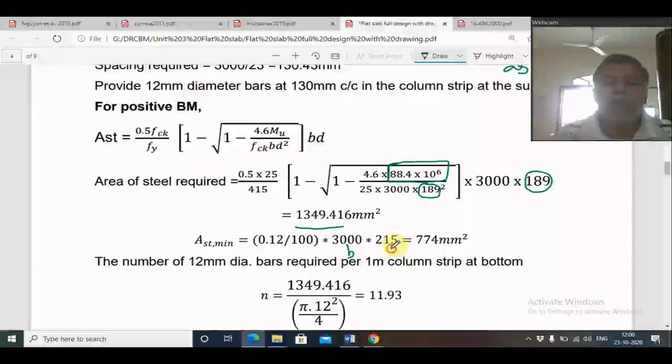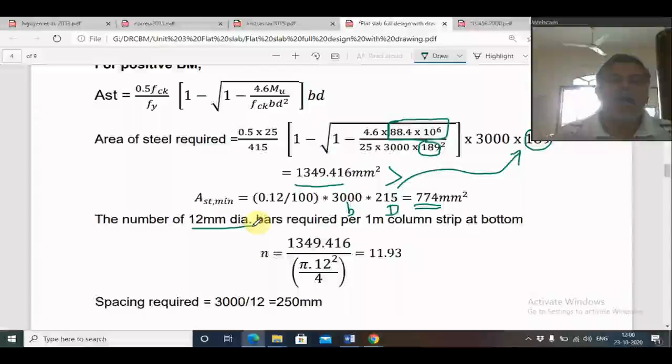D should be the overall D, which corresponds to this effective depth. That is 215. The minimum AST required is 774. The AST required is greater than the minimum. So we can comfortably use the AST required.